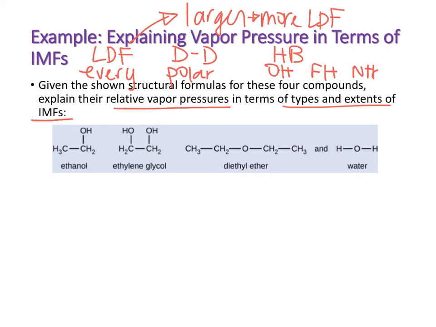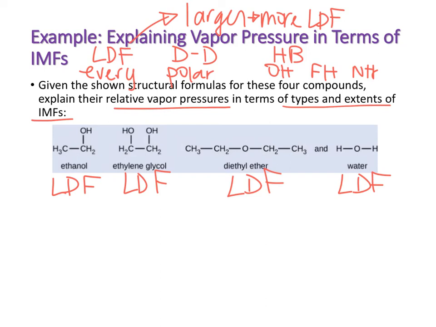So keep that in mind. Now we know every single one of these has LDF, so we can cross that off our list. Now, which of these has dipole-dipole and hydrogen bonding?